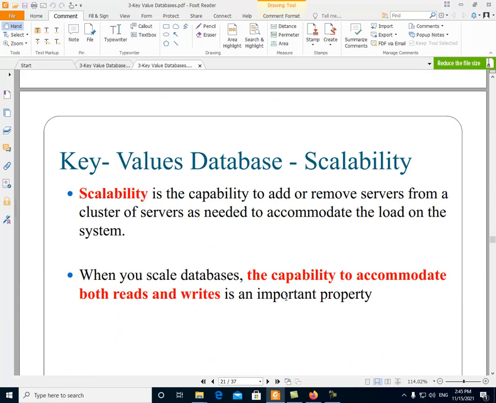Okay, and the topic which we were talking about was scalability. Scalability is adding some servers to the system so we could answer the user requests.